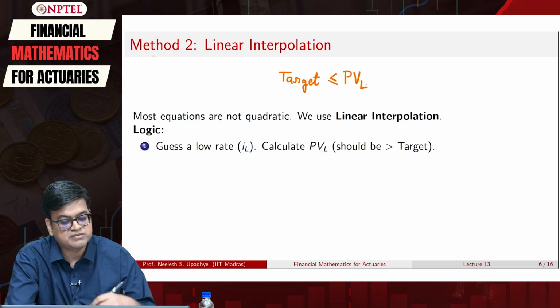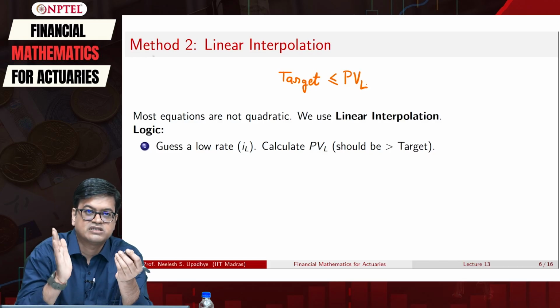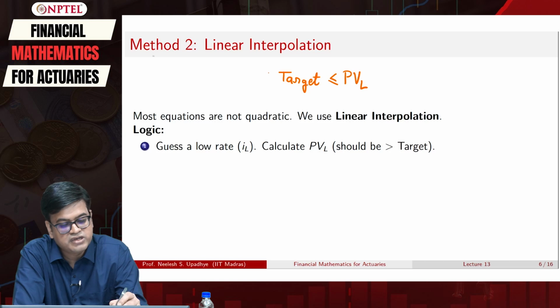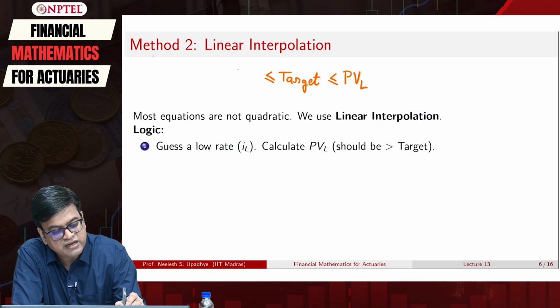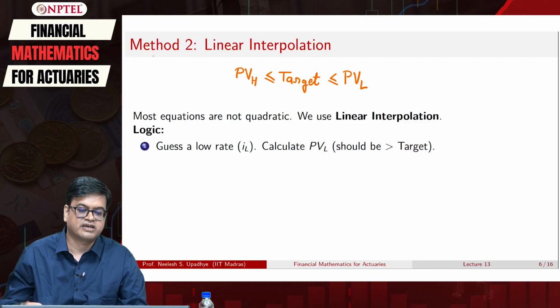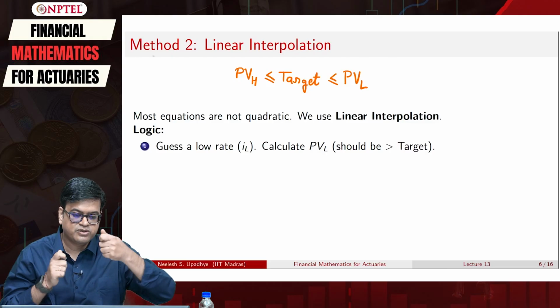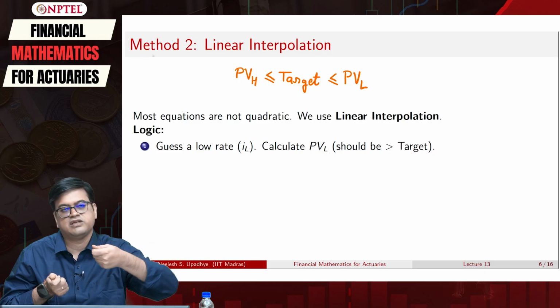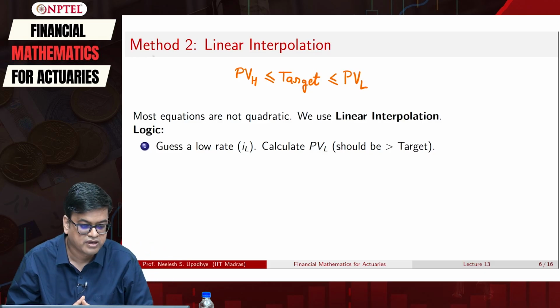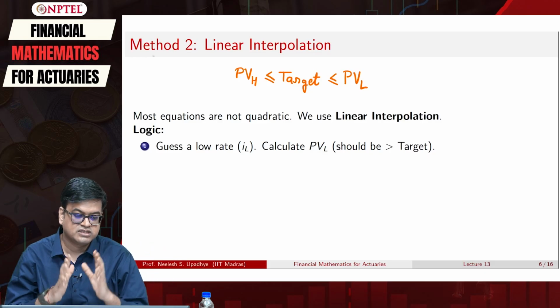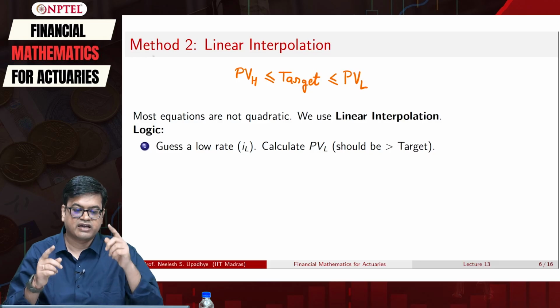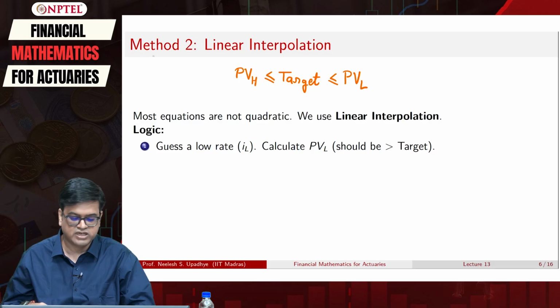And if I estimate a higher interest rate, because I am reversing back in time, the present value of high will be smaller than this particular target. That means I am trapping my target within two pivotal points, present value high and present value low. Okay, so this is the idea, and then I can use our linear interpolation technique.